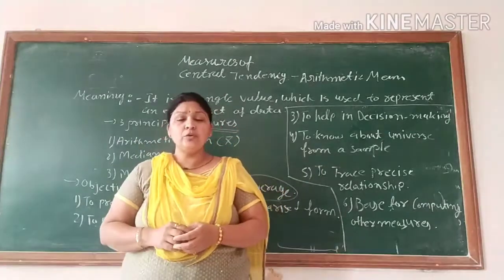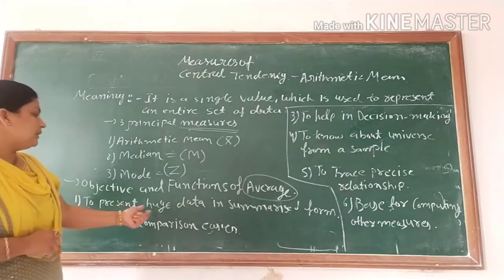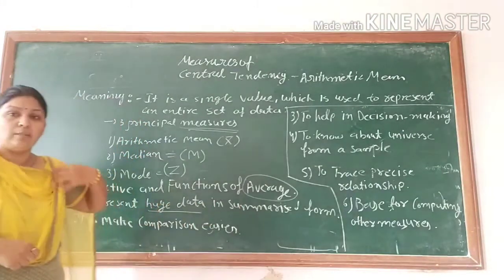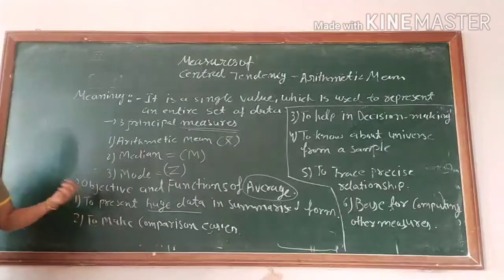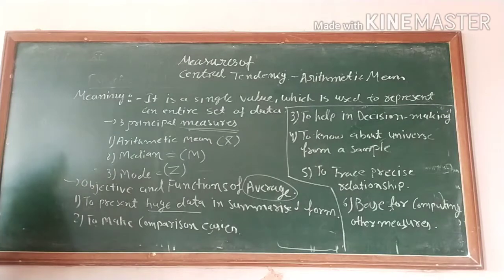It means first to present the huge data in the summarized form. It is called the objective or main function of the average. It is very difficult to grasp a large number of figures, so a single numerical figure is easier.